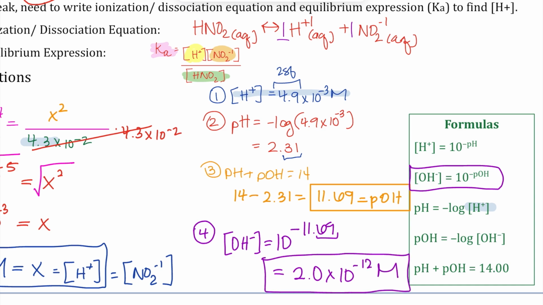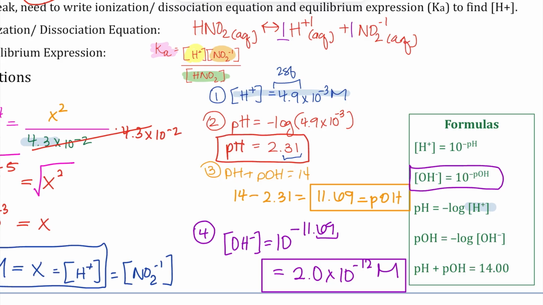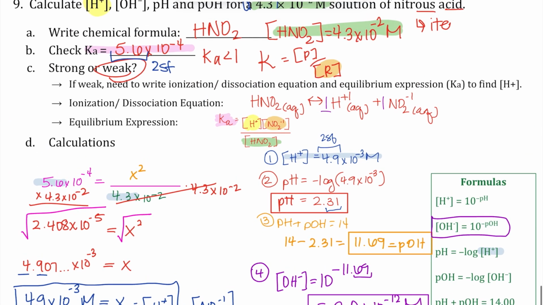So after we found that H plus concentration, then we just go through and use our formulas like we did for when we were doing strong acids and bases. It is just finding that H plus takes a little bit of work, and then we can go from there.